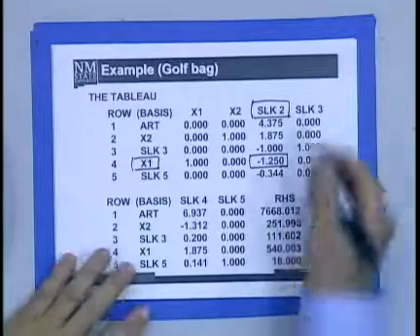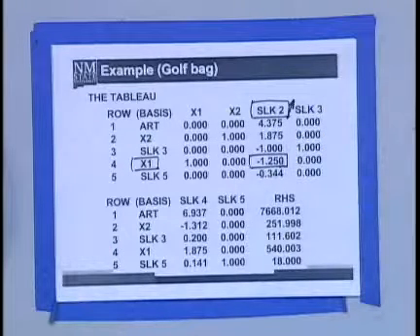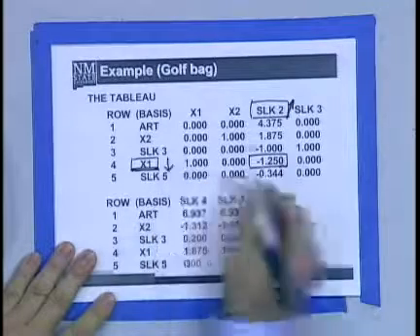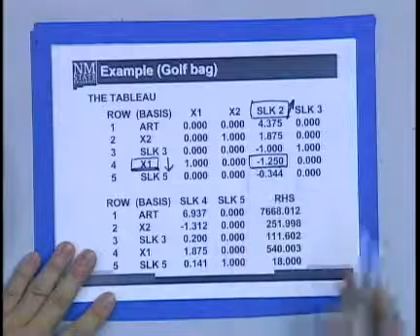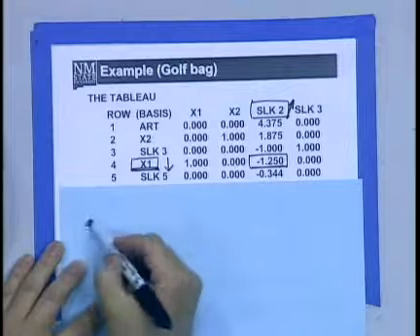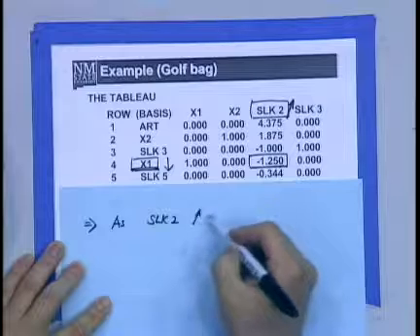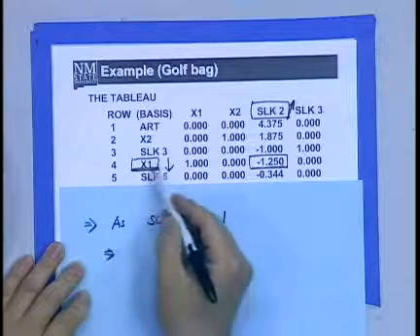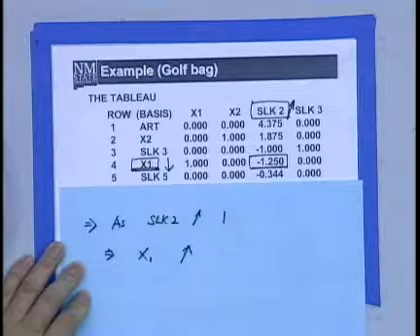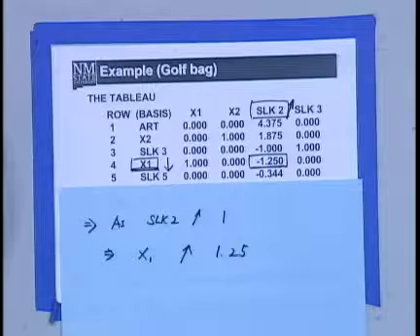Which means as slack 2 variable increases by 1, the basic variable x1 decreases by negative 1.25, which means as slack 2 increases by 1, the basic variable x1 also increases by 1.25. Does that make sense?